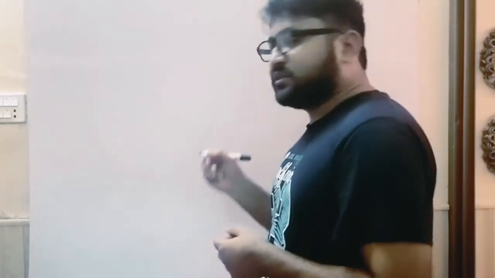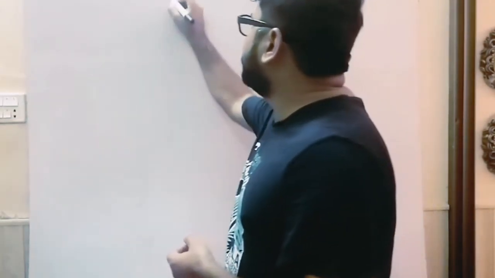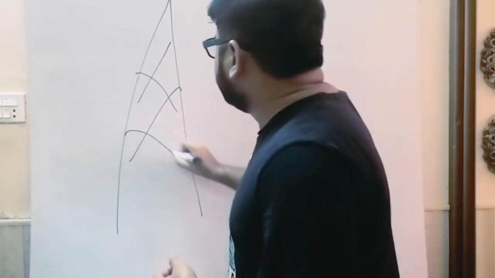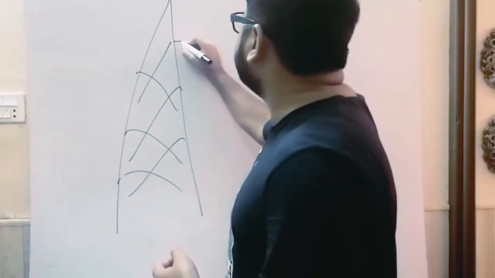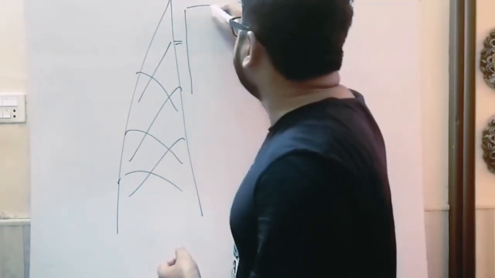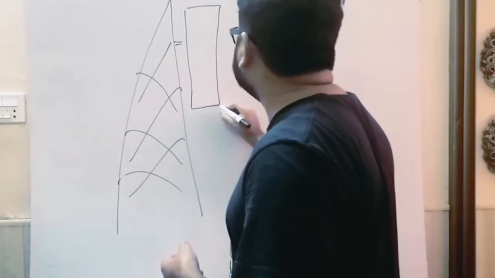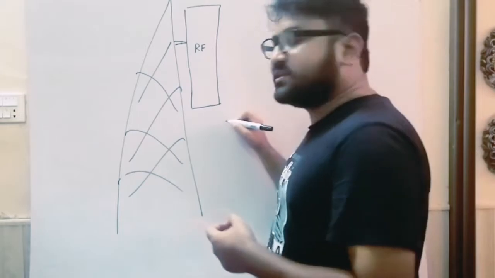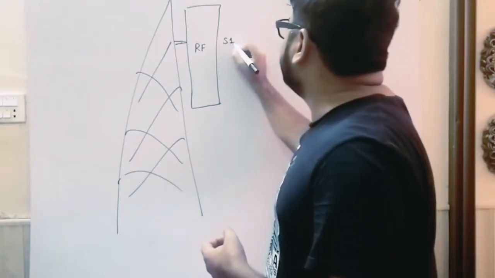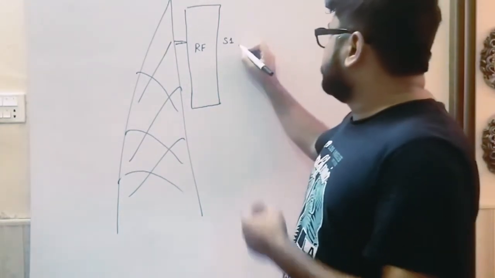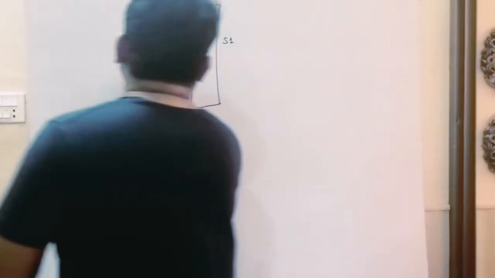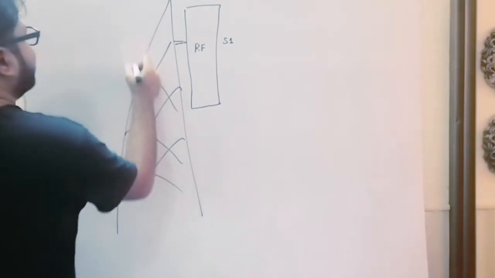So the next one I'm going to discuss is the sector-wise antenna. As we know, the telecom tower is divided into different sectors. Like this, we have the antenna for sector 1. This is the RF antenna, radio frequency antenna, and it's providing the coverage for sector 1. And for sector 2, we also have an RF antenna.